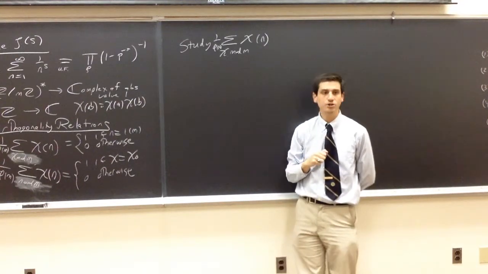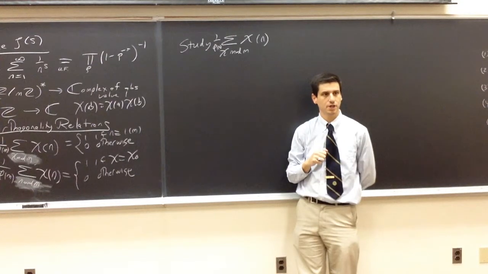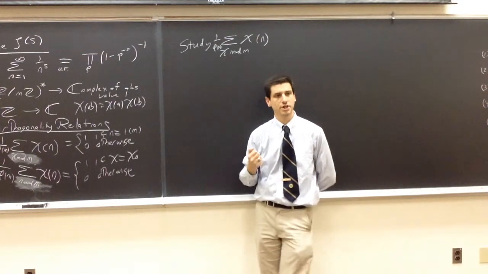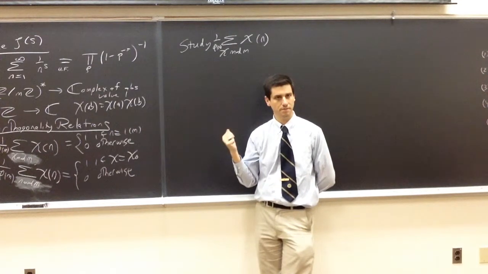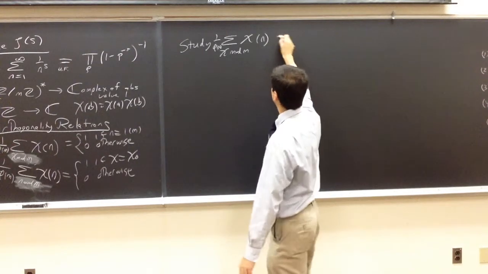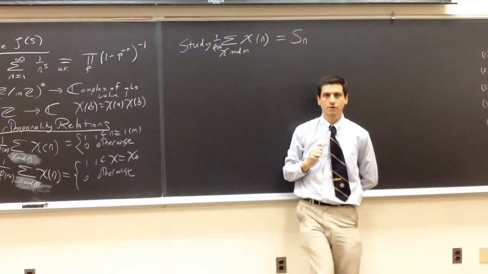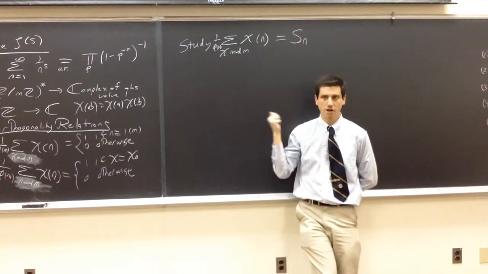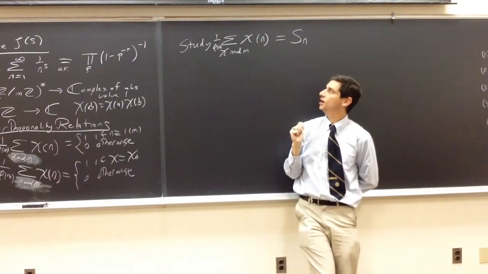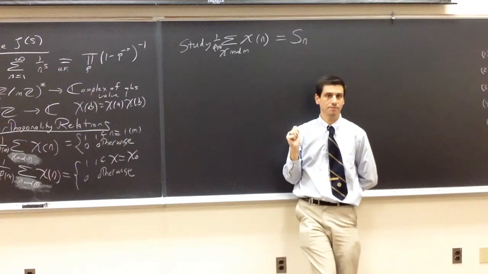So chi is ranging over all the characters. I'm not going to go through all the details, but it turns out we have a group here. Let's call this sum S of n. S for sum, and the n to remind us that it's potentially depending on the n we have.